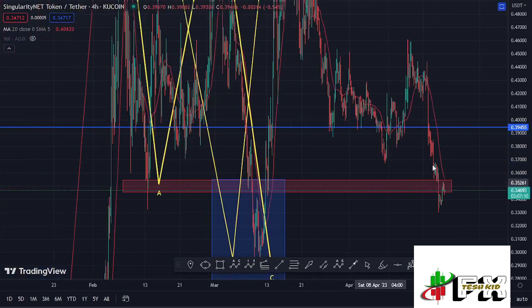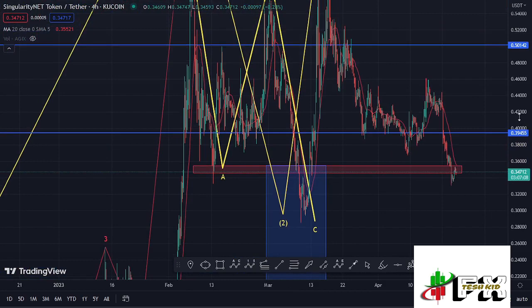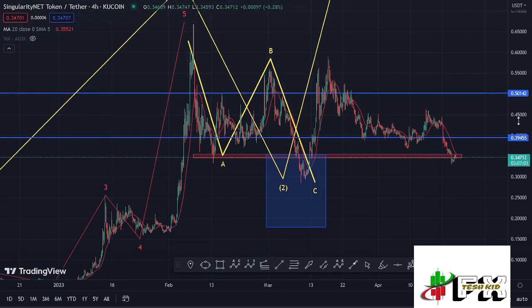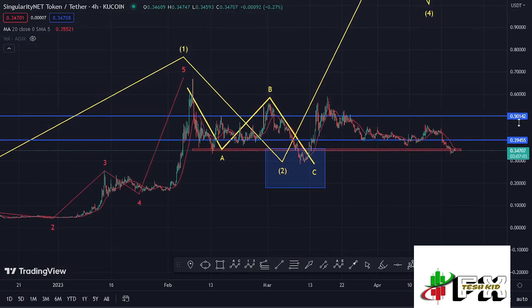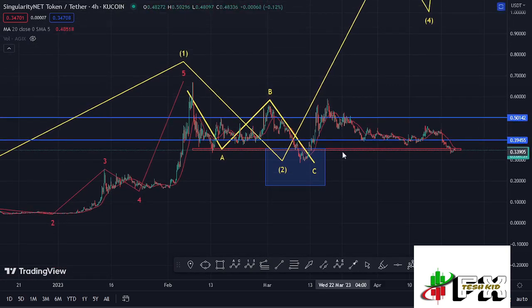We have also continued to obey the Elliott wave structures, and I'll start the video by first giving you the long-term outlook here on the AGIX chart, where you can see that we had been seeing a bit of a breakdown to the lower side in the formation of this wave 2, in a move that bottomed out within this blue target area.